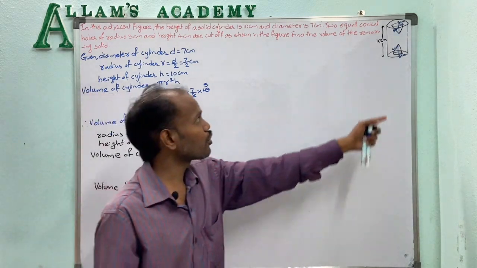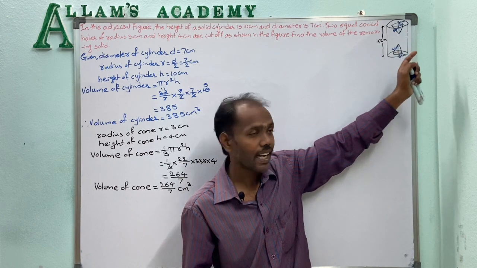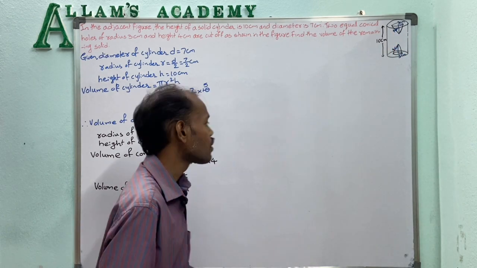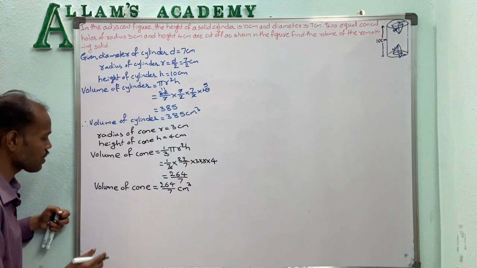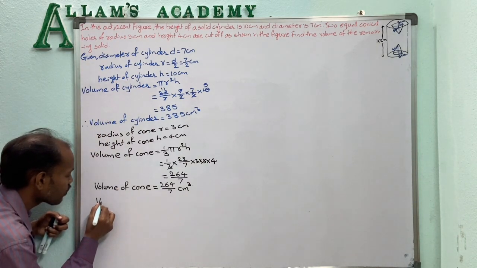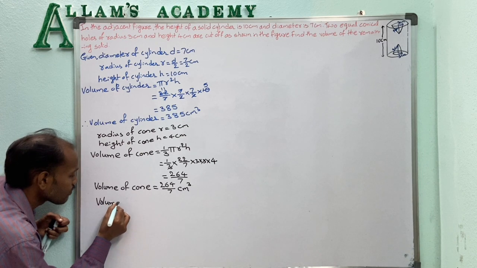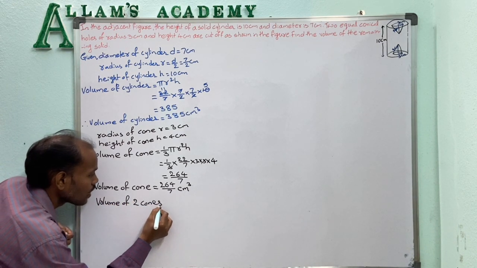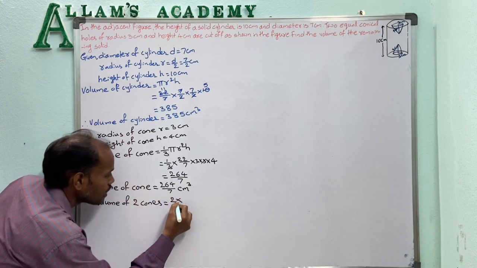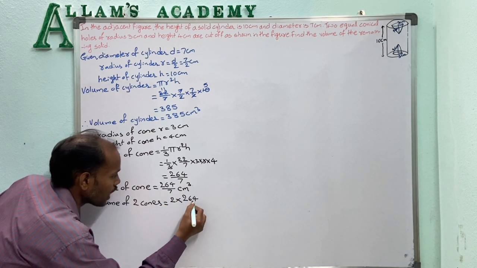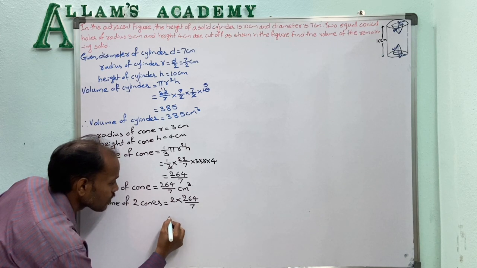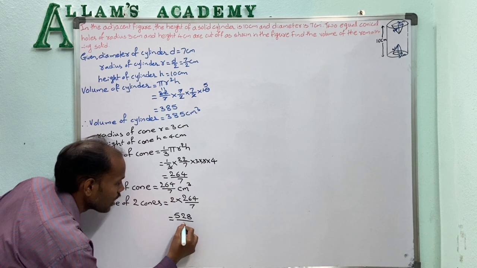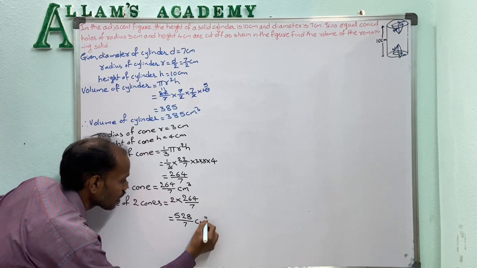Now our two conical portions are there and both have the same radius and same height. So volume of two cones we are finding. Volume of two cones equal to 2 into 264 by 7, that is nothing but 528 by 7 centimeter cube.